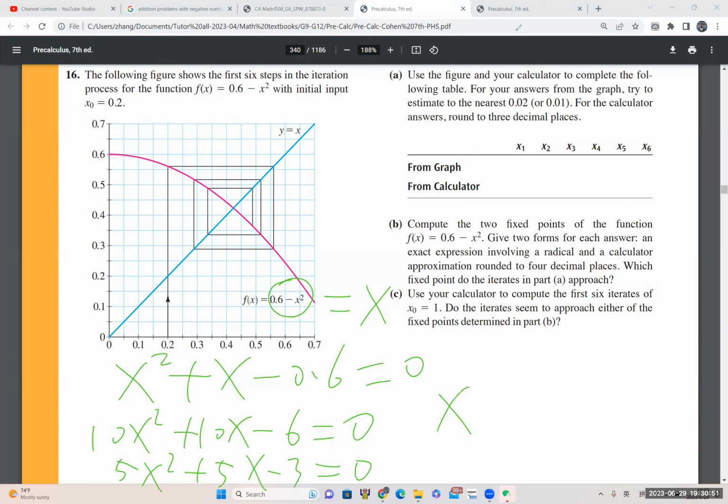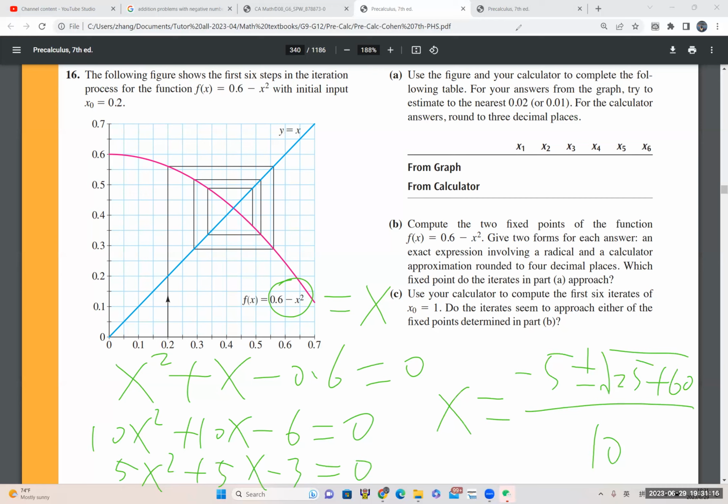Then 2a means 10. So minus 5 plus square root of 5 squared 25 plus 4a 60.